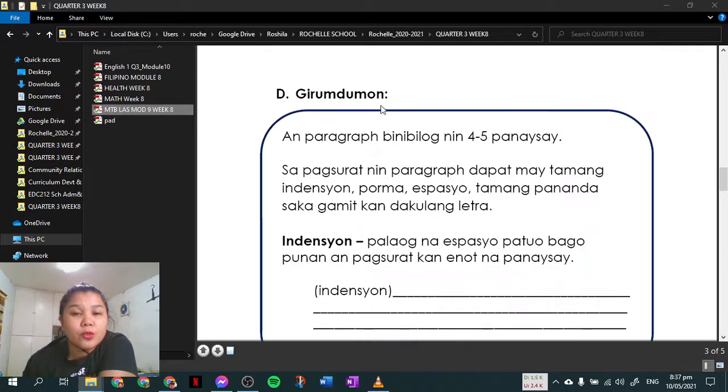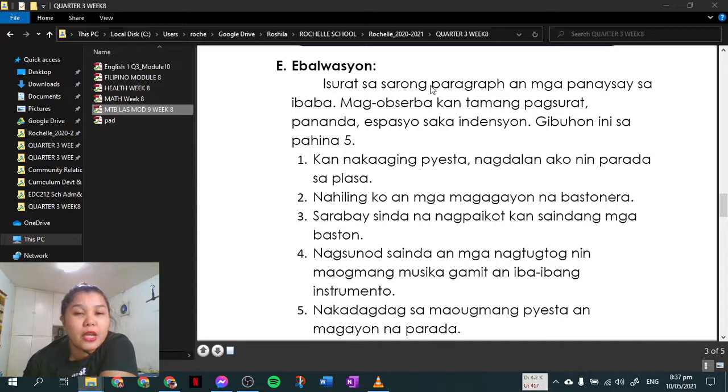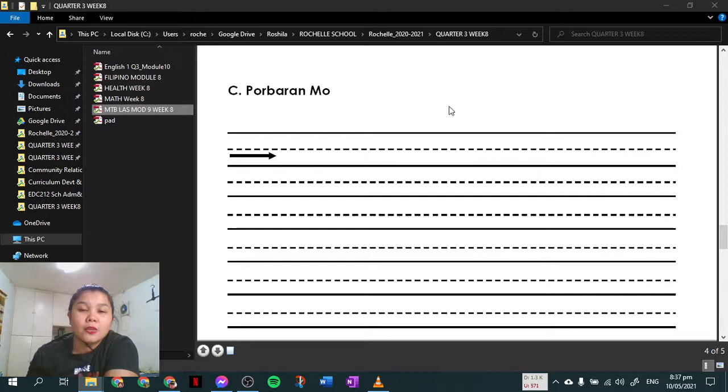And then, a very important part on how to write a paragraph. So, there's that word indention. And then, evaluation, isurat sa sarang paragraph ang mga panaysay. Yang 1 to 5, this should be written in one whole story. So, ito ang susulatan nung kanina.